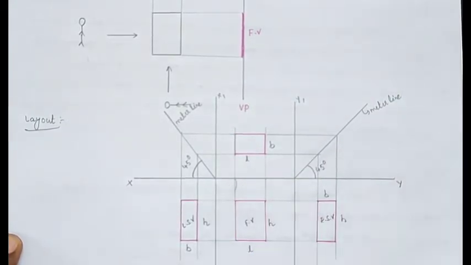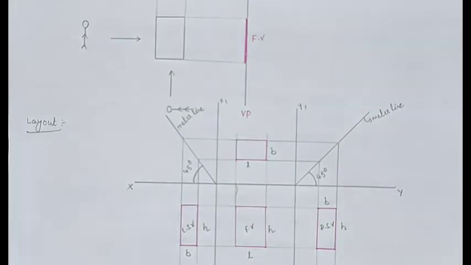After drawing the miter line, from the top view and front view, draw the projection lines in a horizontal and vertical manner, and we will construct the right side view and left side view. In the third angle projection method, at the right side of the front view we will obtain the right side view, and at the left side of the front view we will obtain the left side view.